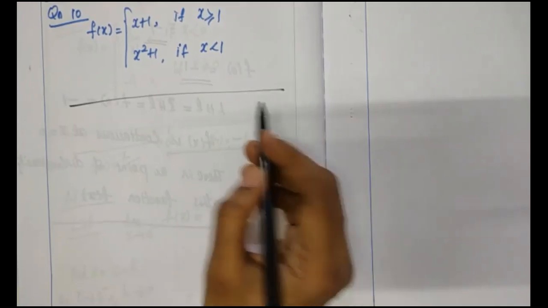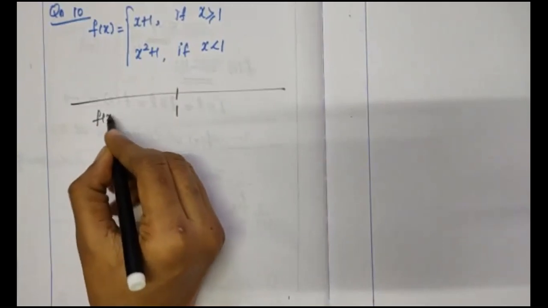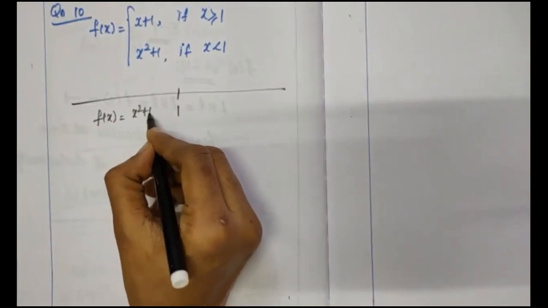So now we are going to draw the number line. Draw the number line. Point 1 mark. To the left of 1, f of x is equal to x square plus 1.